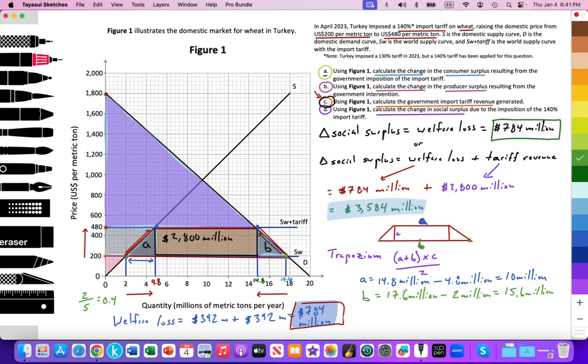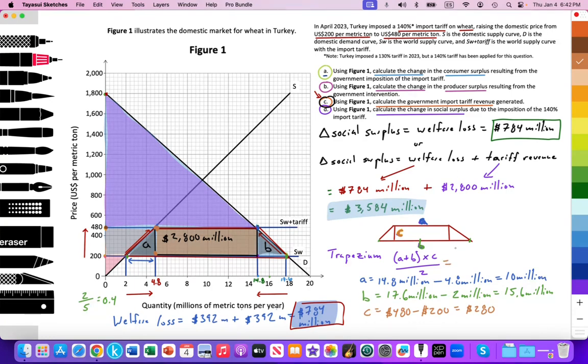Great, so I have that length. What about the height, C? What's this height here? C equals, it's going from 480 to 200. So here we have 480 minus 200. That equals 280.